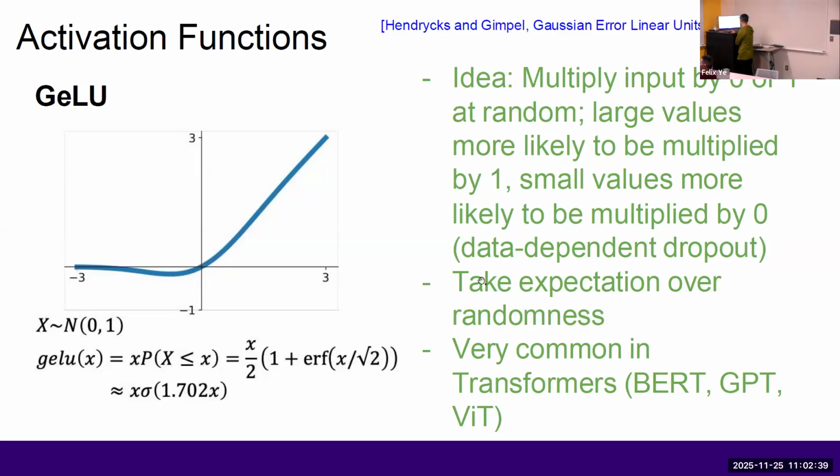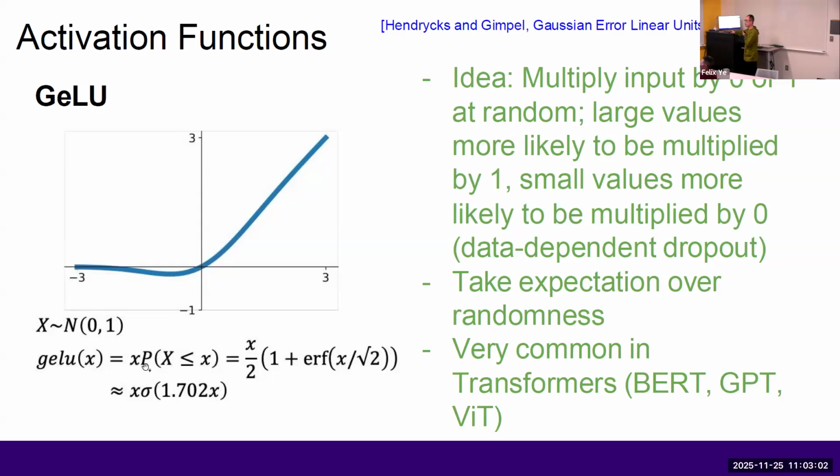But here we basically take the expectation of the randomness, and what does that actually mean? If we take x as a random number with zero mean and a standard deviation equal to 1, we take expectations.